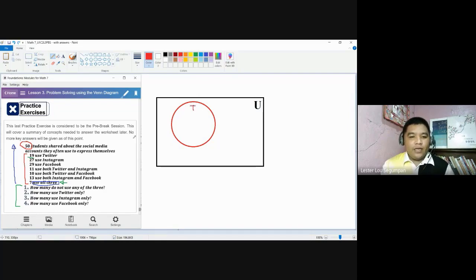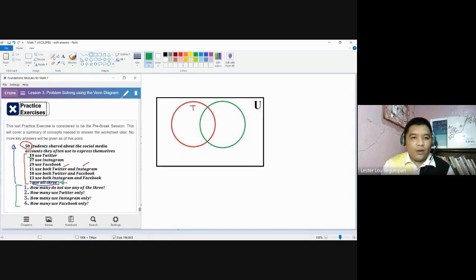we could look at the connection of Twitter and Instagram as given here. So if I'm going to draw another circular figure which corresponds to Instagram, it should overlap with Twitter. And this region here are those students who use Twitter and Instagram.